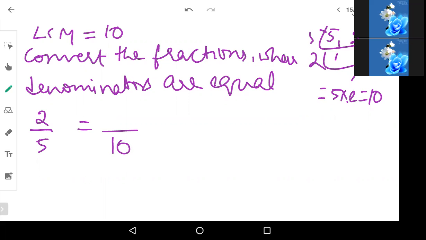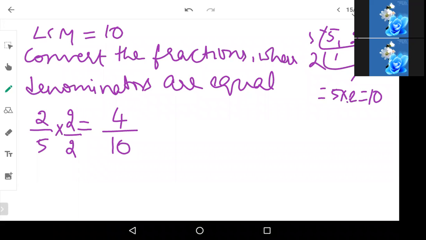Now, if you want the denominator as 10, what should you multiply? 5 twos are 10. So, if you multiply 2 to the denominator, you should also multiply 2 to the numerator. So, 2 twos are 4. So the new fraction of 2 by 5 will be 4 by 10.